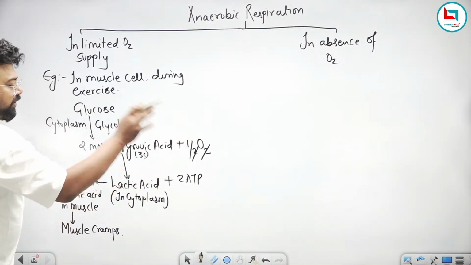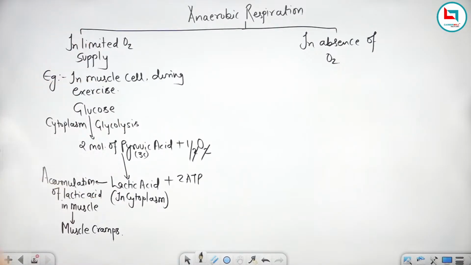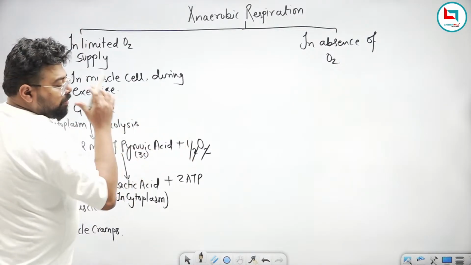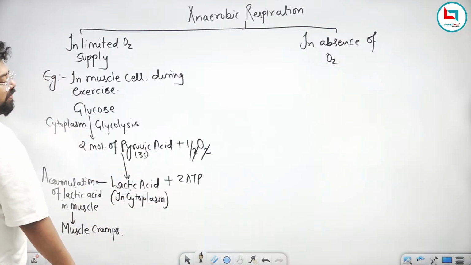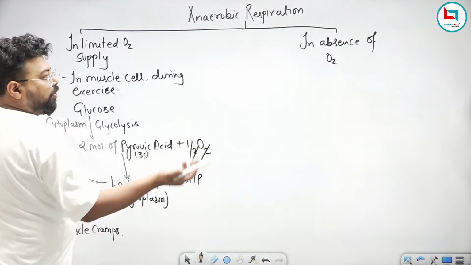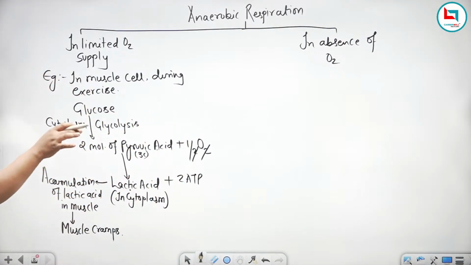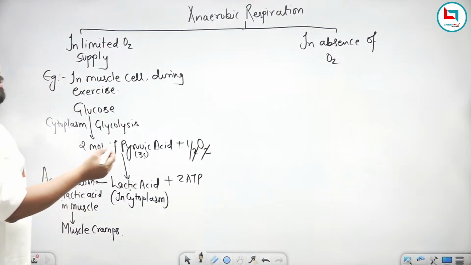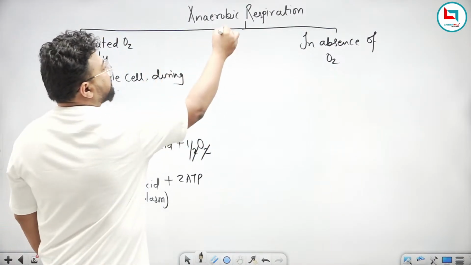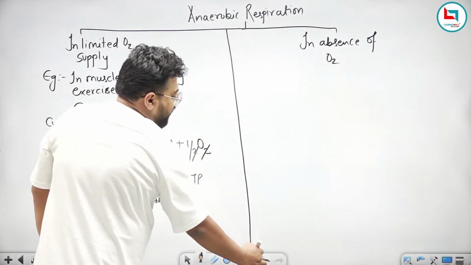When you take rest and the amount of oxygen is fulfilled by breathing, this lactic acid will again be converted into pyruvic acid, and pyruvic acid will receive oxygen as you have taken rest, and this pyruvic acid will again go inside aerobic respiration. So this is how the cramps occur inside our muscle.